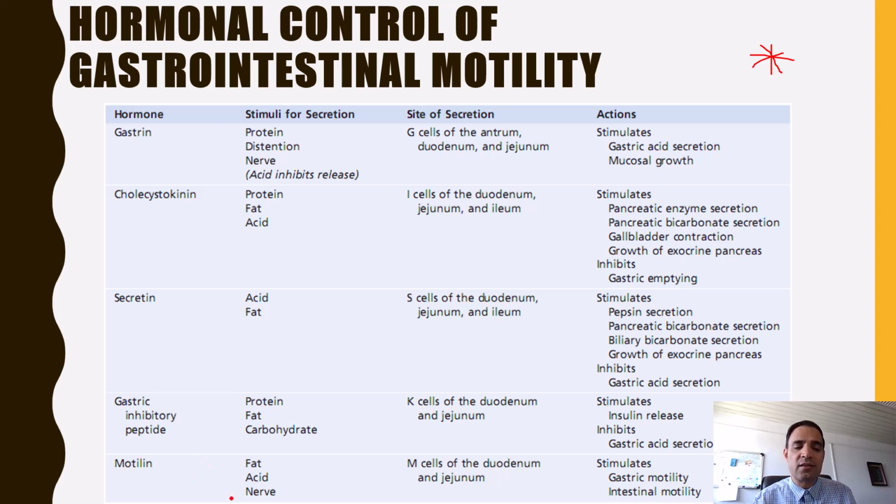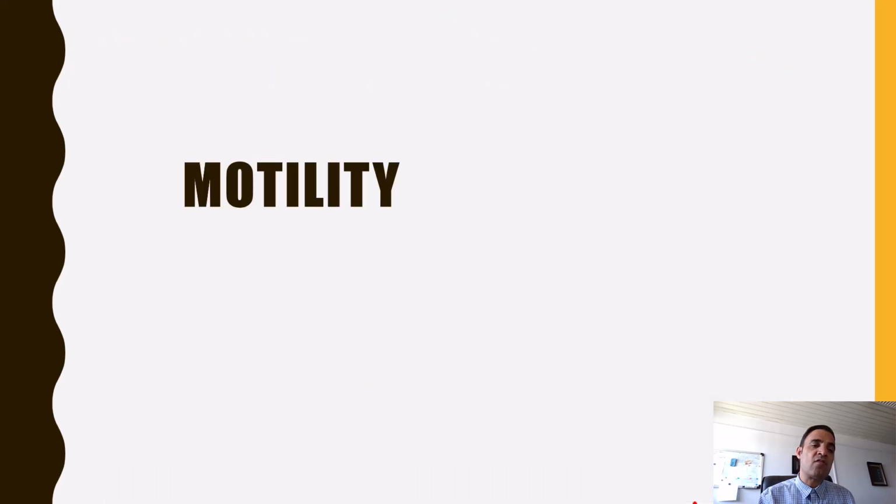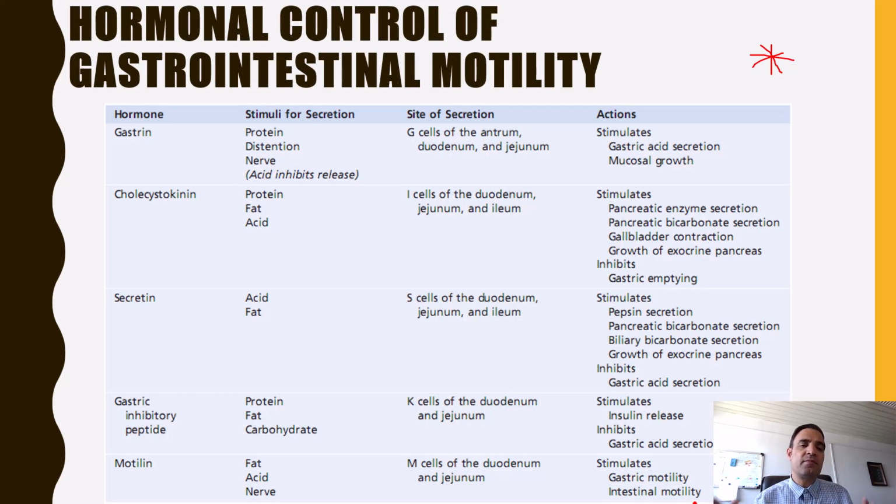Another hormone is motilin. You know that motilin regulates gastric motility and intestinal motility. They are involved in some kind of movement that I will tell you about, named migrating movement. Therefore, I can say that the gastrointestinal system is regulated widely with different types of hormones, nervous system, and the combination of these factors will regulate the GI system.